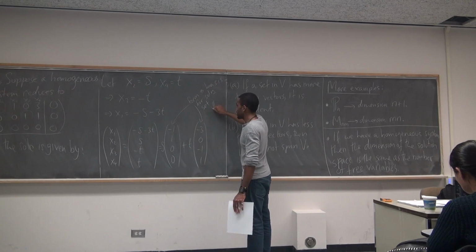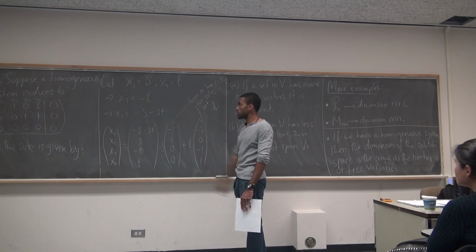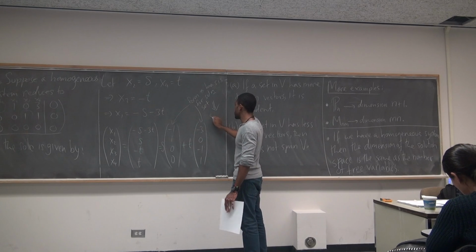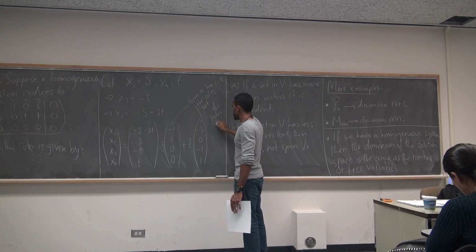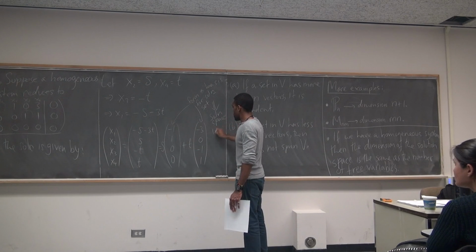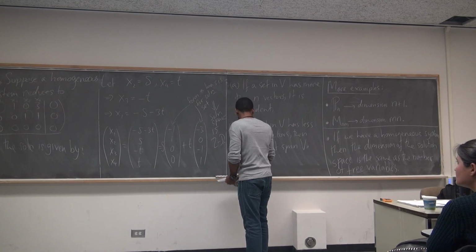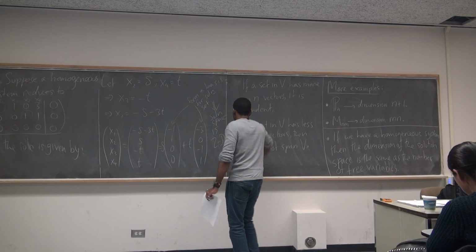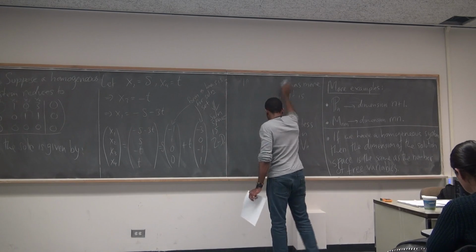Hence, for example, we can say that the solution space to this system is actually two-dimensional. Solution space is 2D. Alright, so the solution space to that is a plane.